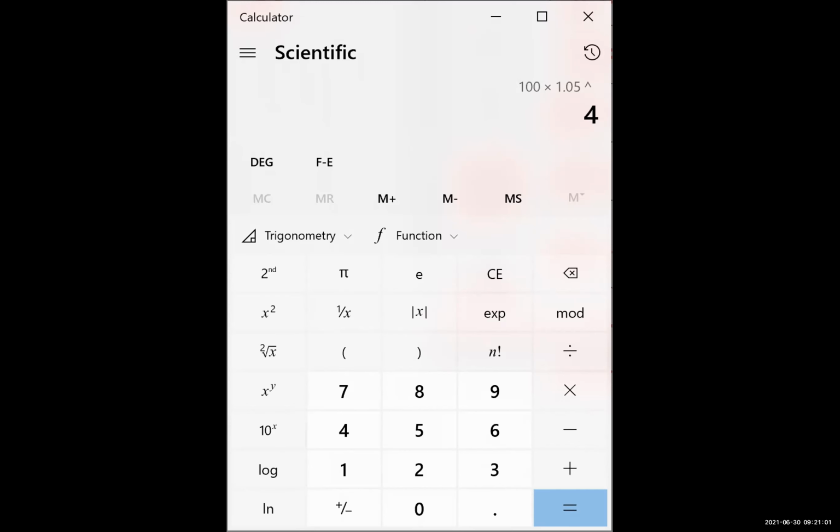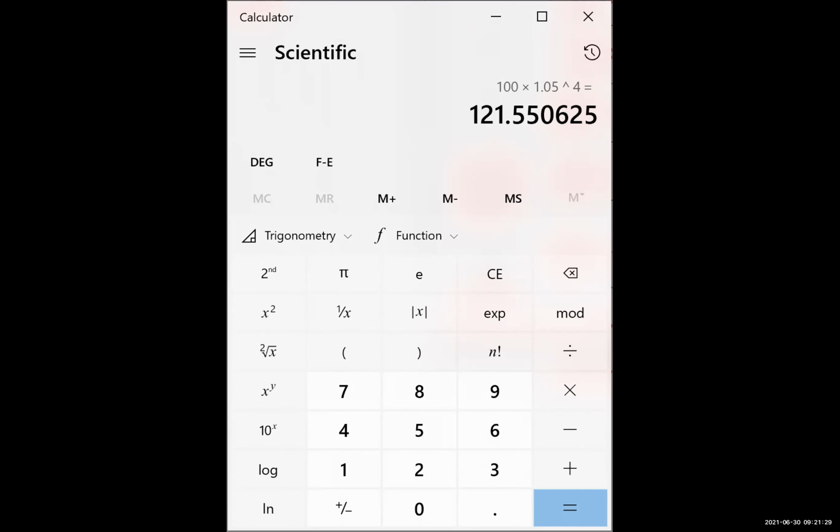Your smart device or smart tablet is so smart that it already knows that the exponential expression needs to be evaluated before that simple multiplication. So just by clicking or hitting the equal key or the enter key, this is going to give us the answer of $121.55 rounded to the nearest cent, which was what we wrote under that balance for the 4th year.